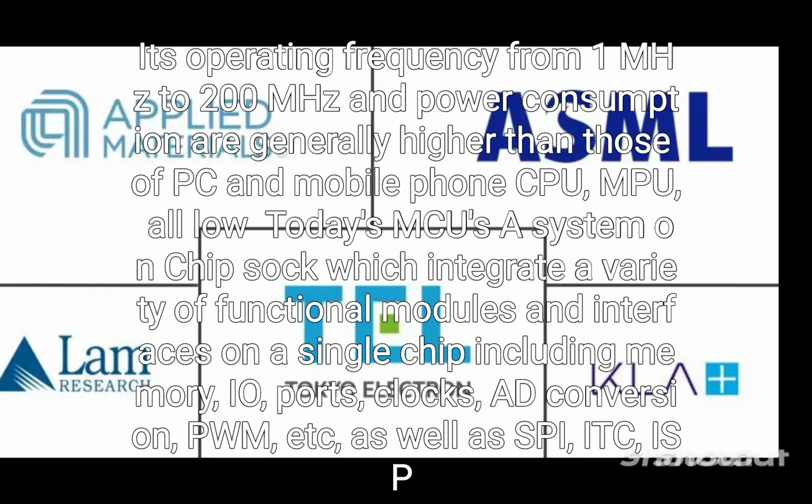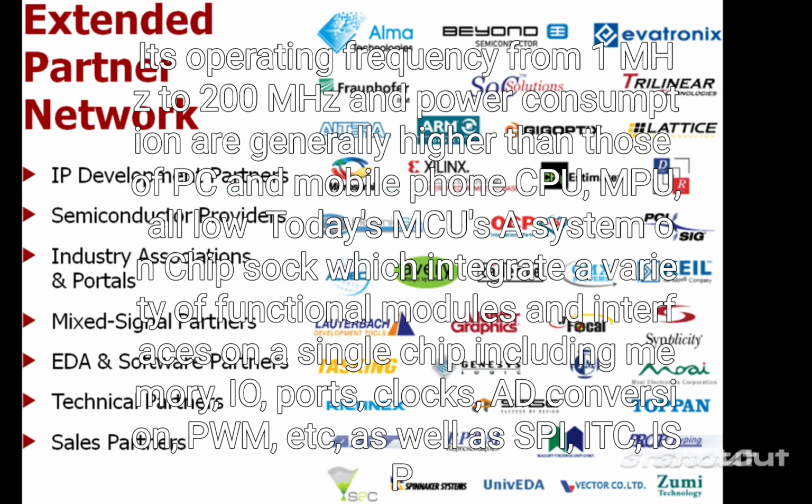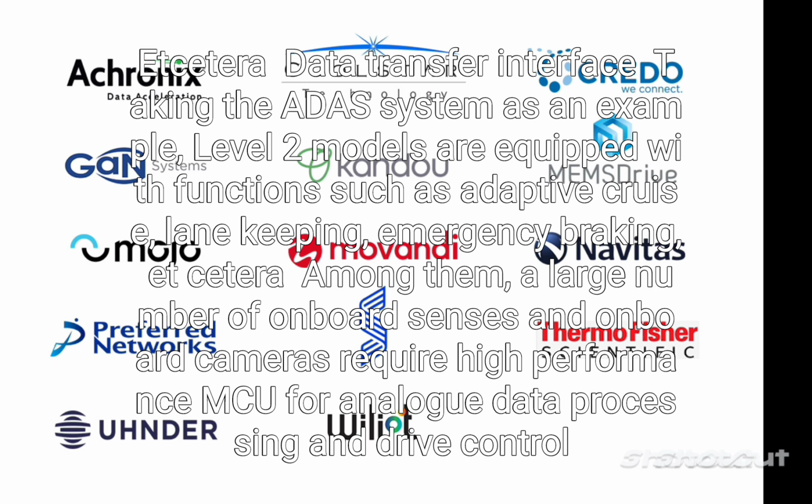Today's MCUs are system-on-chip, SoC, which integrate a variety of functional modules and interfaces on a single chip, including memory, I/O ports, clocks, A/D conversion, PWM, etc., as well as SPI, I2C, ISP, etc. data transfer interfaces.